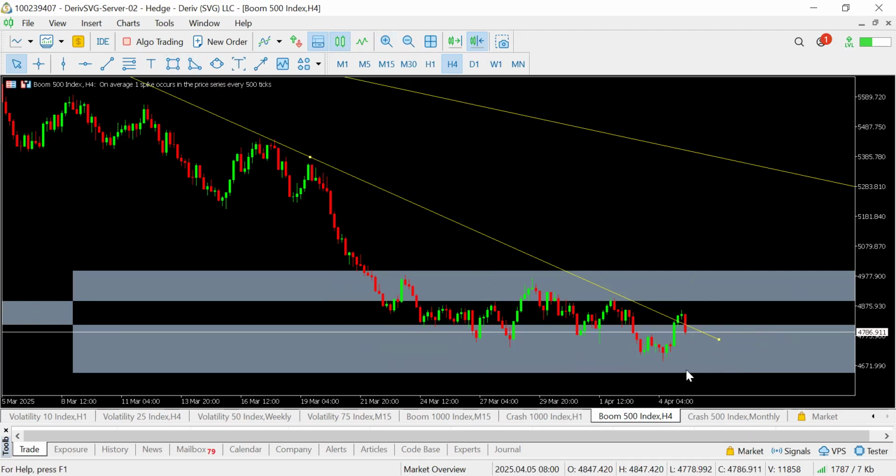I would have to wait patiently. If this H4 trend line is broken completely, and it makes a retracement back to this line, then I can think of what?